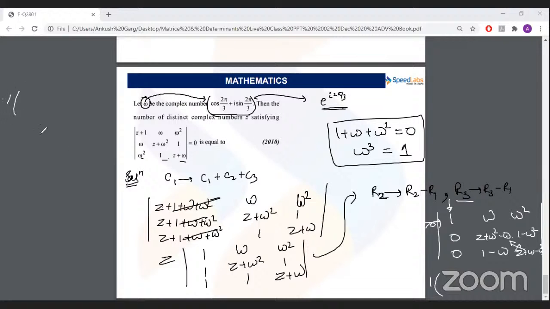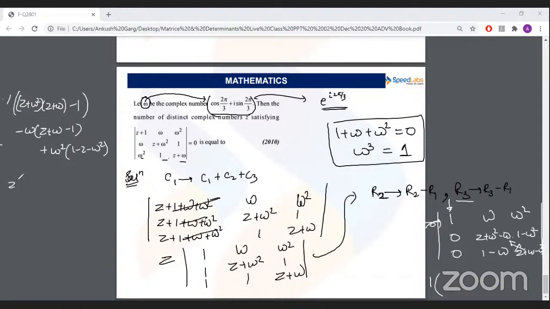So this will be 1 into Z plus omega square into Z plus omega minus 1, then minus omega into Z plus omega minus 1, and plus omega square into 1 minus Z minus omega square.